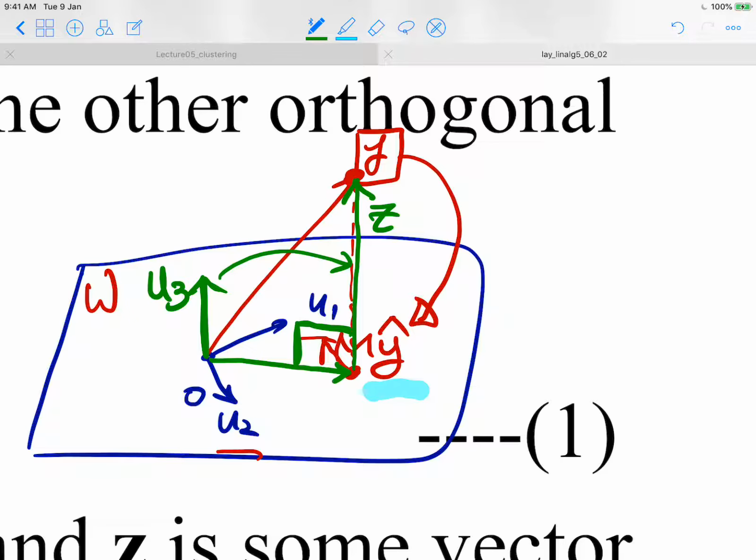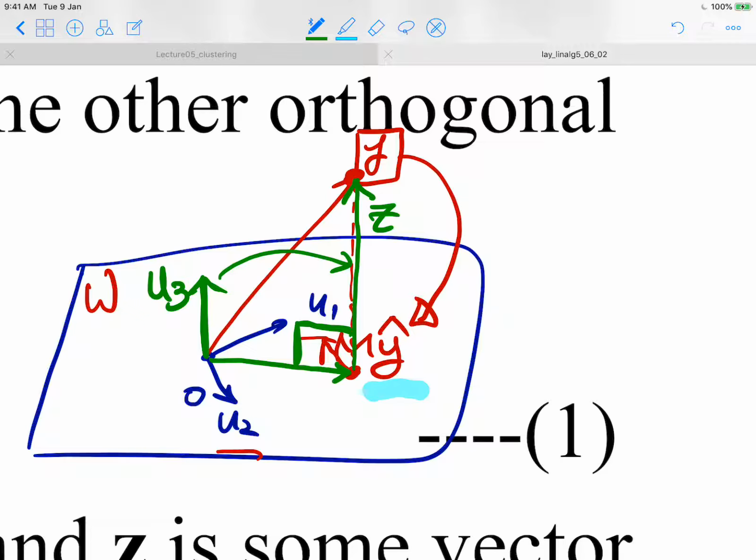By definition, u1 and u2 were an orthogonal set of the given subspace, and z, by the definition of orthogonal projection, should be orthogonal to any vector from our subspace W, right? So even if we add u3 into the previous set of orthogonal vectors, altogether they are still orthogonal vectors. Now let's imagine representing y as the linear combination of u1, u2, and u3.